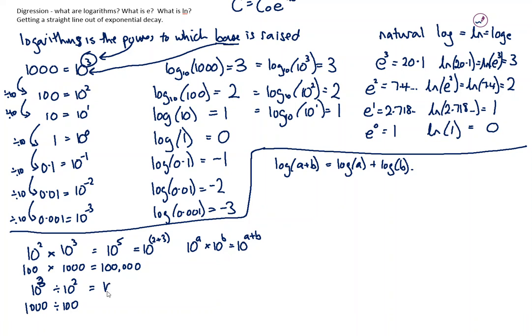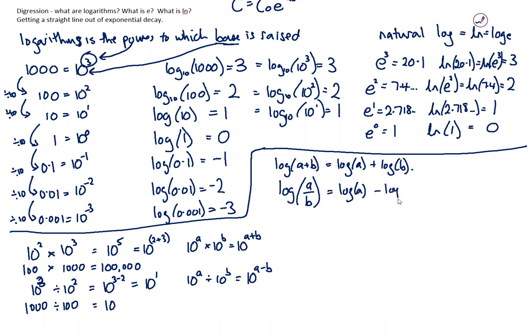That is going to be 10 to the 3 minus 2, which is 10 to the 1. So that is just 10. More generally, 10 to the a divided by 10 to the b is 10 to the a minus b. So the log of a divided by b is the log of a minus the log of b.